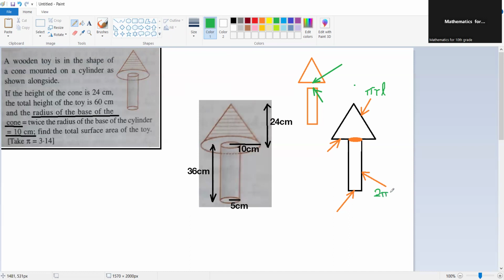That's the curved surface area of the cylinder. We also have one side of the cylinder, one flat surface, which is pi r square. So I'm just writing the formulas. The other pi r square is missing.